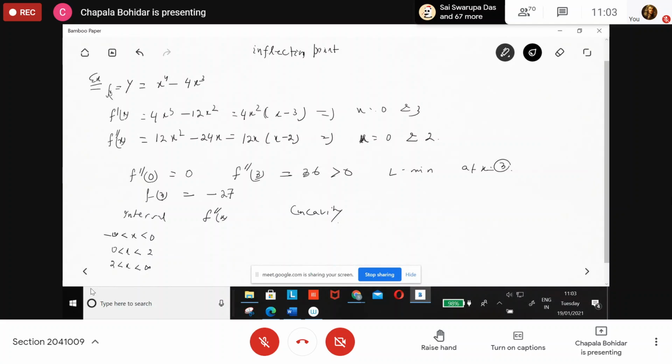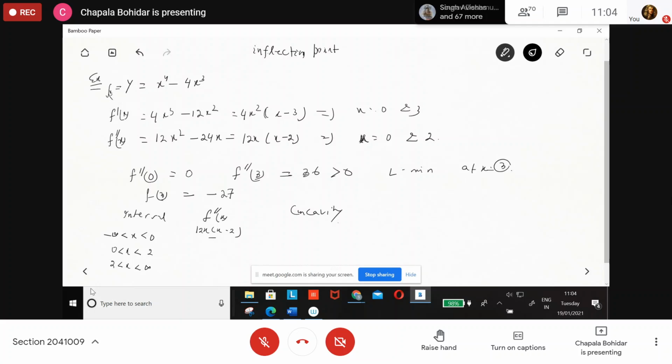Over the intervals, what is the value of f double dash x? The value is 12x into x minus 2. Is it positive or negative on these intervals? For all values of x less than 0, x is negative and x minus 2 is also negative. So negative times negative, what do you get here? It is positive.